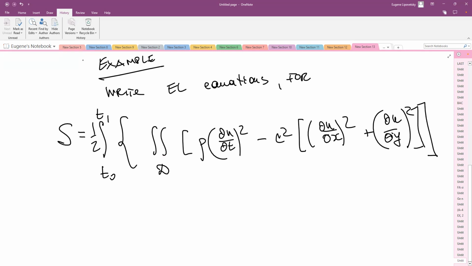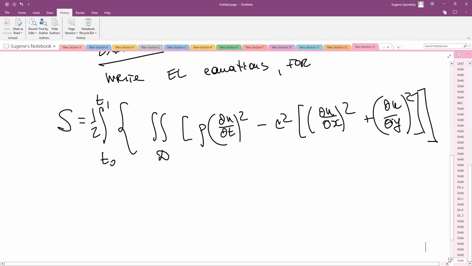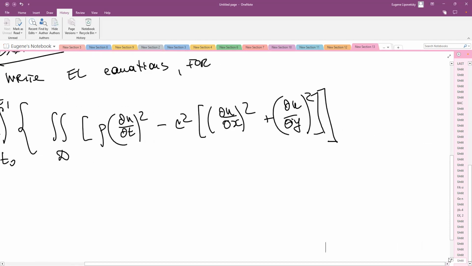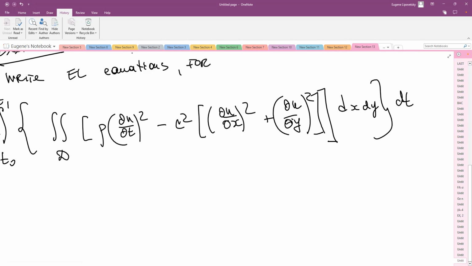It's a double integral, dx dy, that's this integral, and then the bracket ends, and then we have integration over the time dt, and we need to make it a minimum.